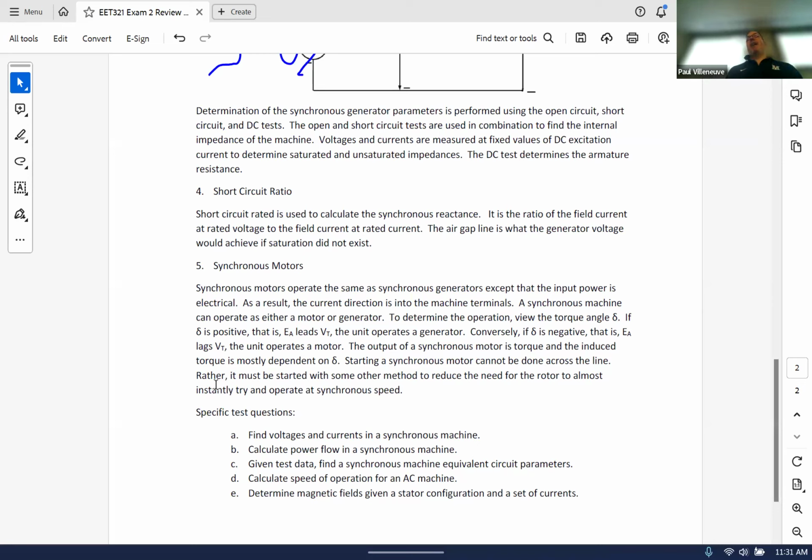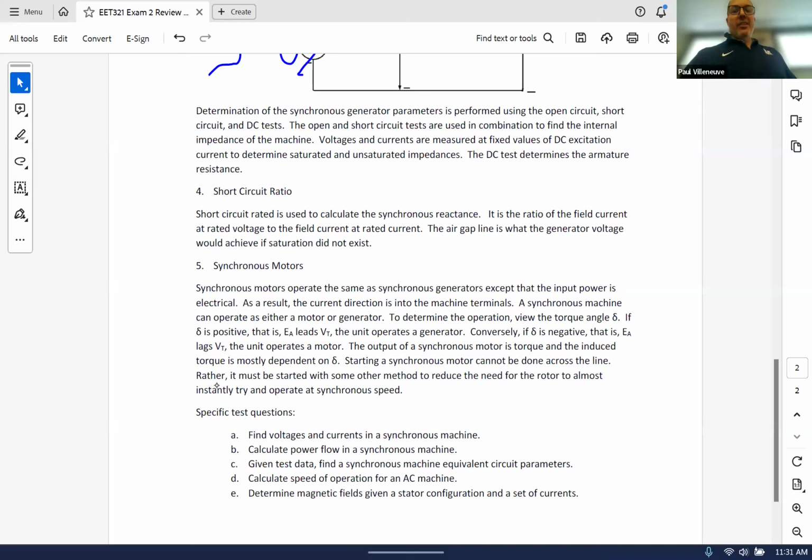The magnitude of EA and VT do not tell you if it's a motor or a generator. The only thing the magnitudes of EA and VT tell you is whether reactive power is going in or out of the machine. And again, the reason being, and we talked about this in an earlier class, is that the magnitude of voltages tells us the reactive power flow, and the angles tell us the direction of P, if it's in or out.